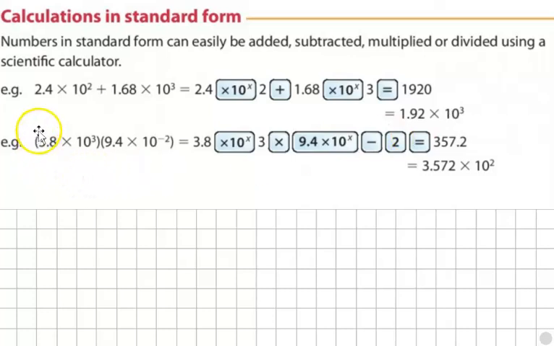Another example, if you want to see multiplication, 3.8 times 10 to the power 3 multiplied by 9.4 times 10 to the power -2. You key in 3.8 x 10x 3 multiplied by 9.4 x 10x -2 equals 357.2, and to change that into standard form, it'll be 3.572 times 10 to the power of 2.